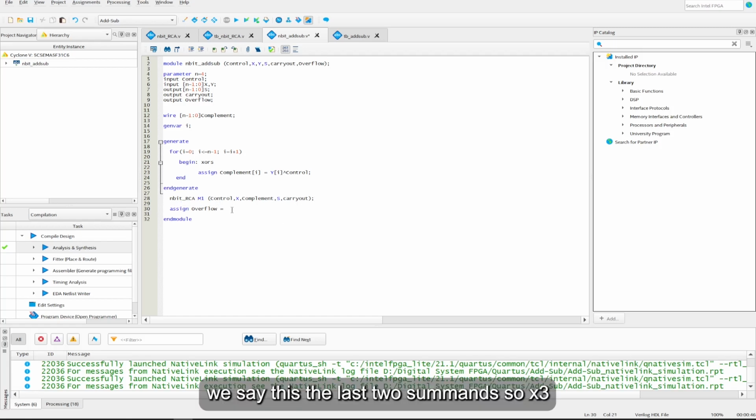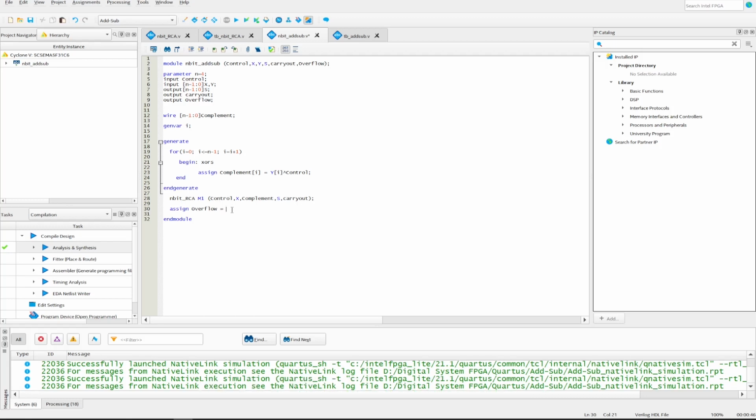is equal to, we say the last two summands, so x3 AND it with y3, and then the negative of sum 3. Yeah, if it's negative, so the invert of that one.